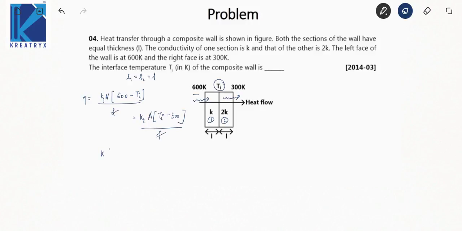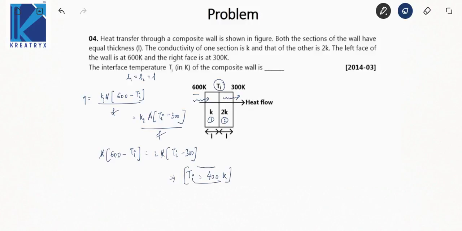K1 is K, so K(600 minus Ti), K2 is 2K, so 2K(Ti minus 300). Solving this, we get Ti is equal to 400 Kelvin.